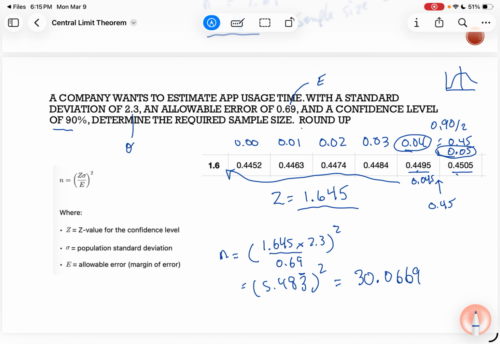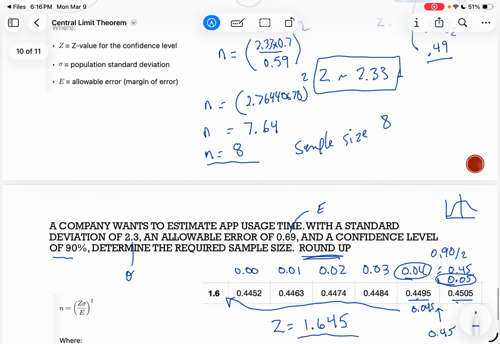Now again, it says round up, so n equals, even though it's 0.06, we round it up to 31. So the sample size is 31.